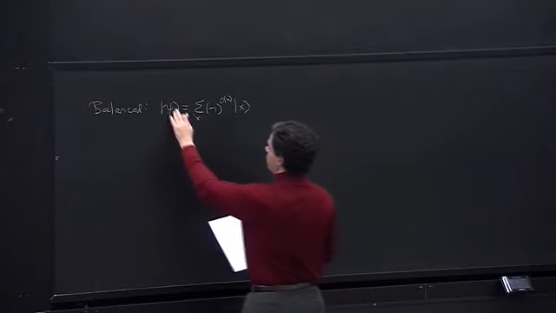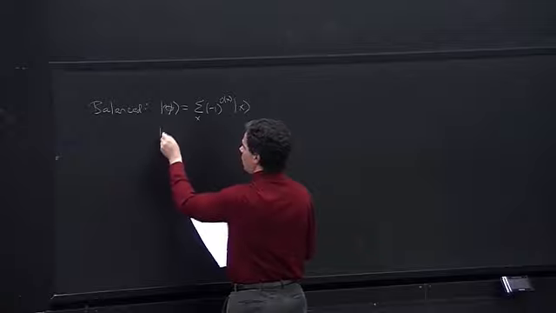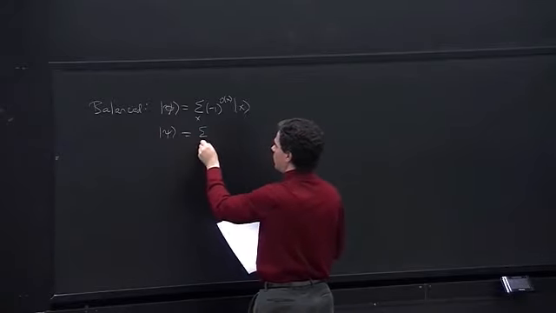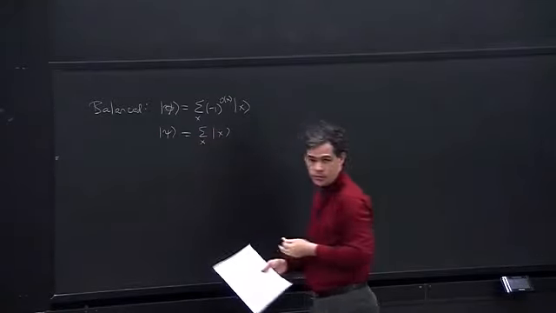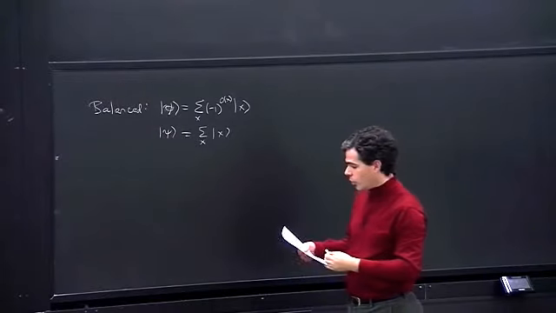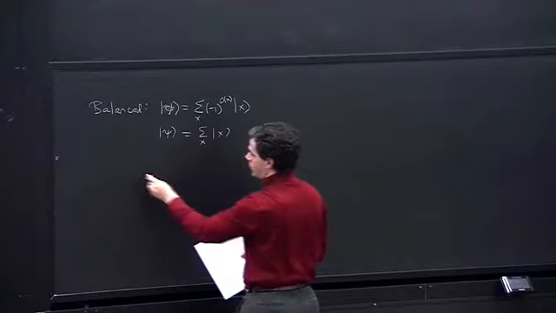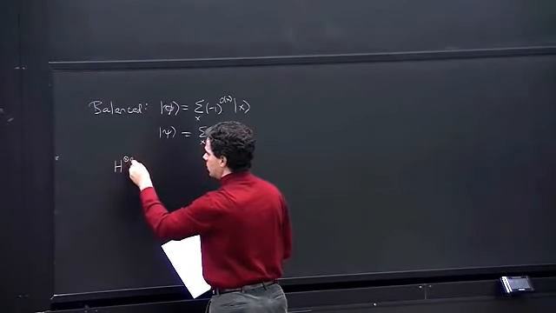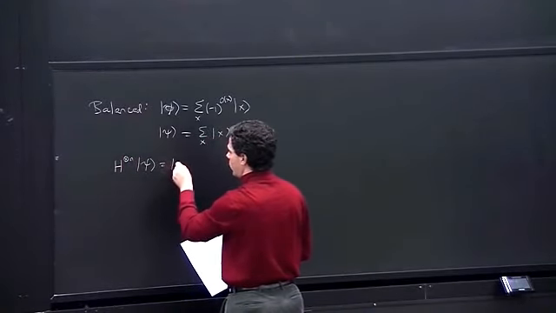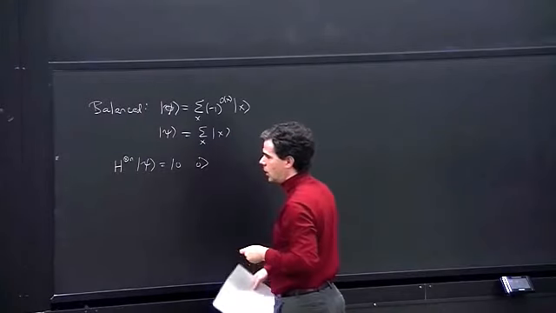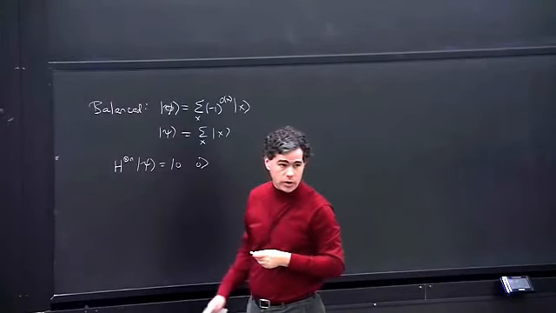Oh, sorry, this one I was calling phi. And psi is the state sum over x of x. OK, so we know that the Hadamard applied to psi is all zeros. And moreover, the Hadamard is a unitary operator.